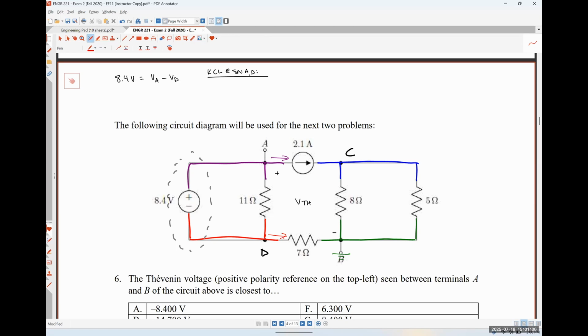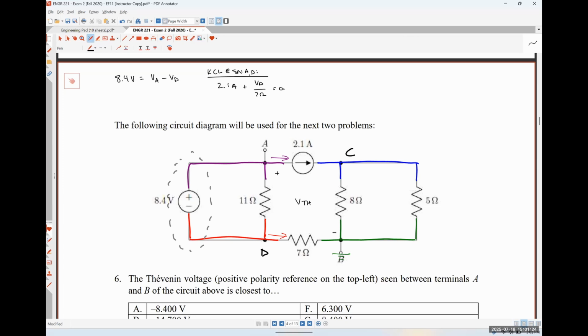So anytime you have a voltage source in parallel with a resistor as your supernode, you can just throw that parallel resistor away because the currents are going to cancel each other out. So that's going to give me 2.1 amps plus VD over 7 ohms is equal to 0.